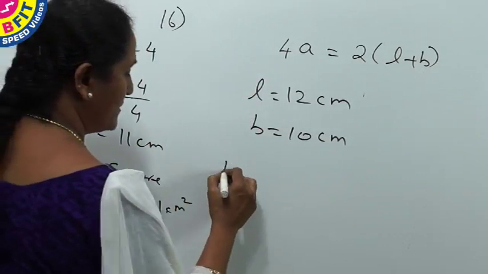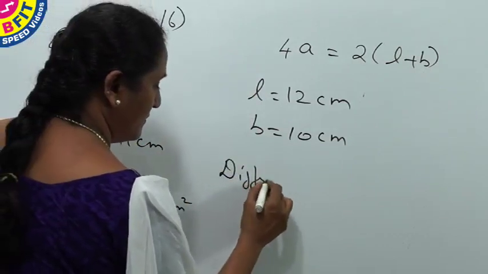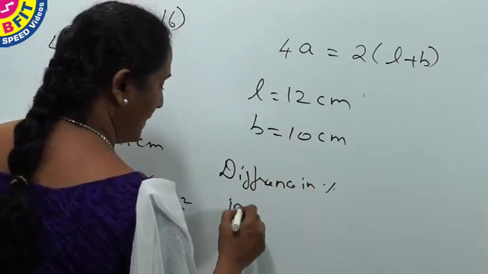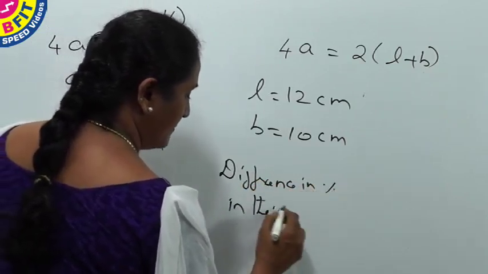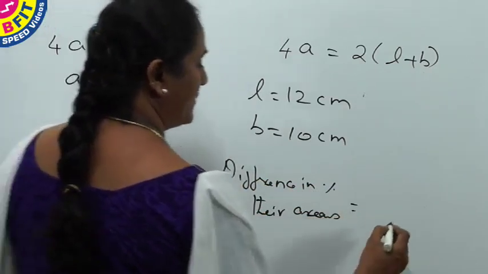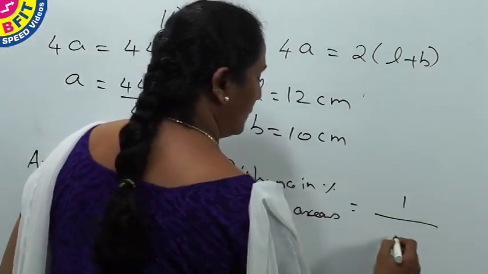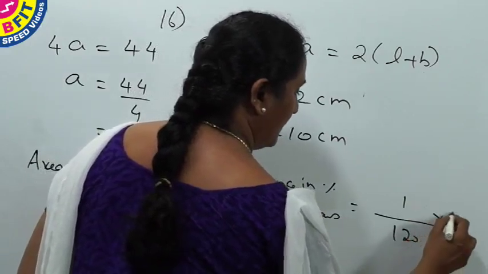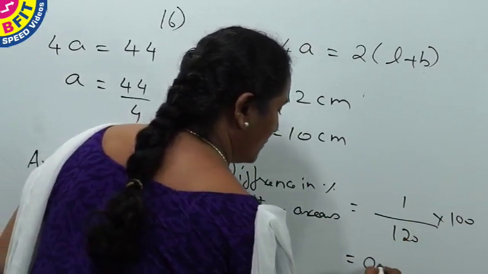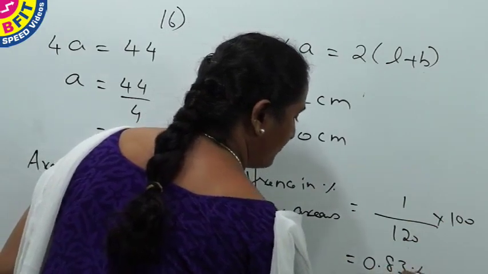So to find difference in percentage in their areas, the difference is 1 by area of the rectangle 120 into 100, which is equal to 0.83%.